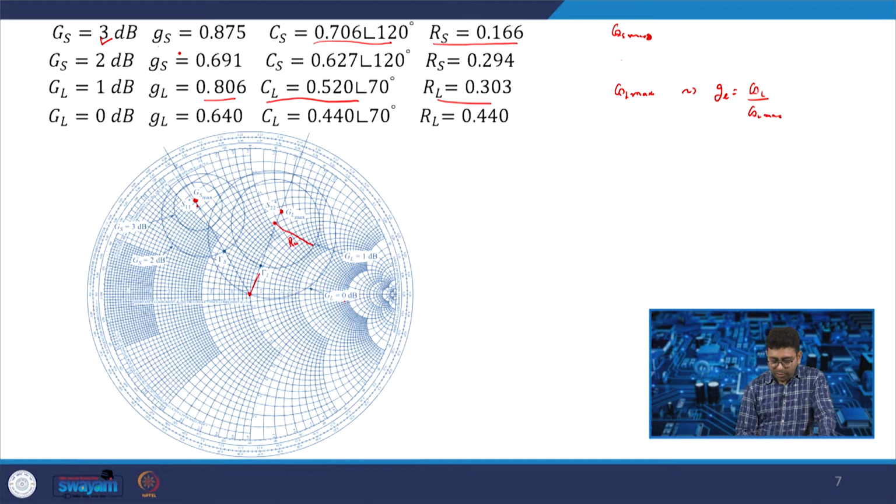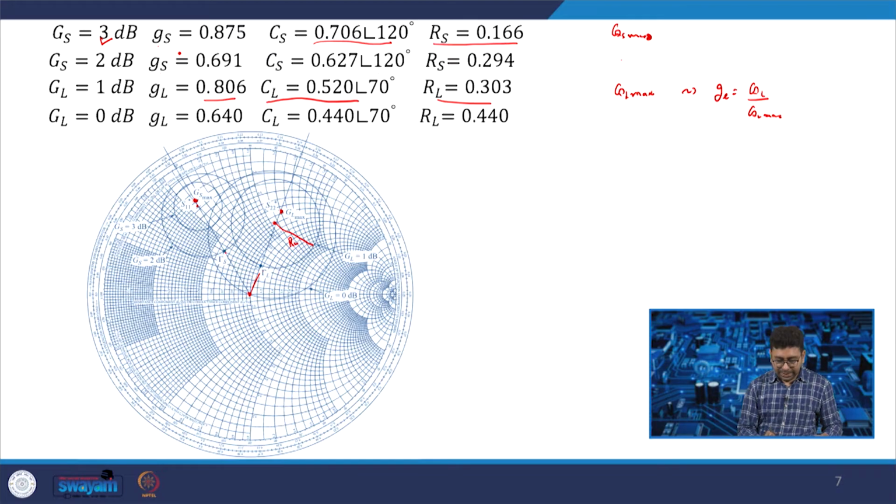You can also plot GL equal to 0 dB. You can see that the 0 dB circle is passing through the center of the Smith chart, and you can choose any value of gamma S or gamma L which is touching this circle.